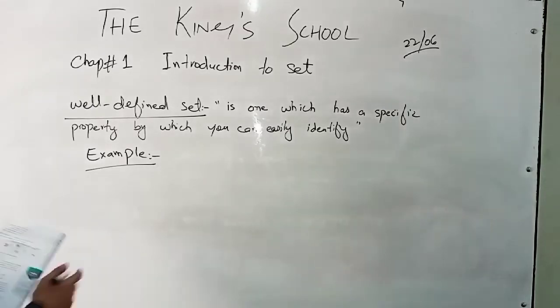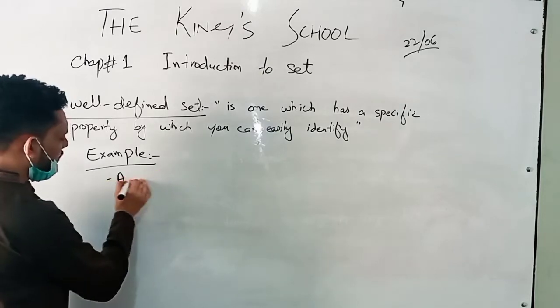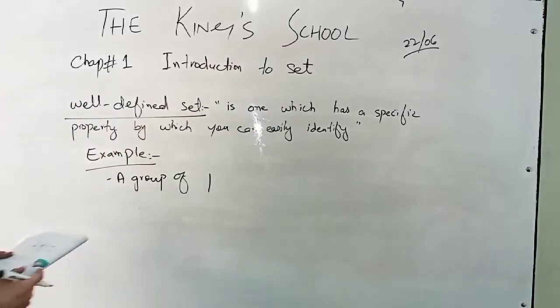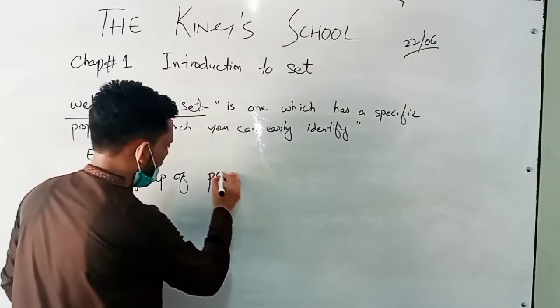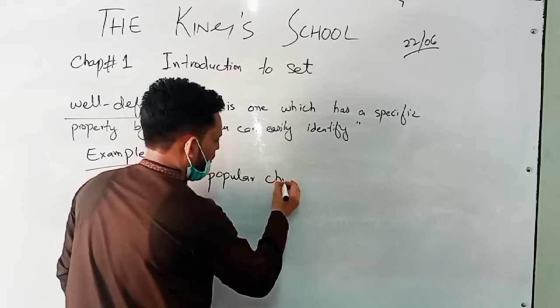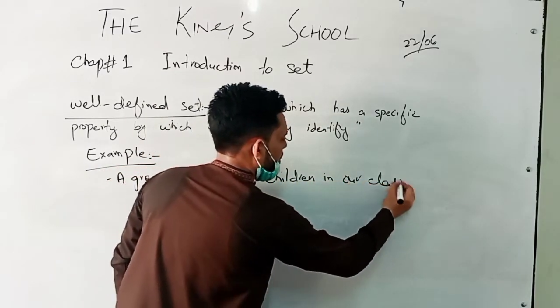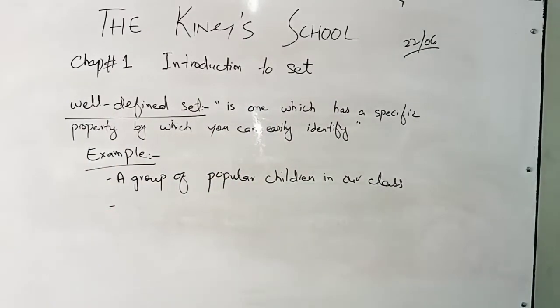For example, a group of popular children in our class. This is an example of a set which you can't define well, because every teacher, every individual has their own likeness or dislikeness.